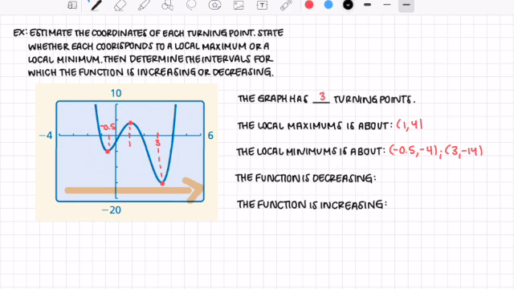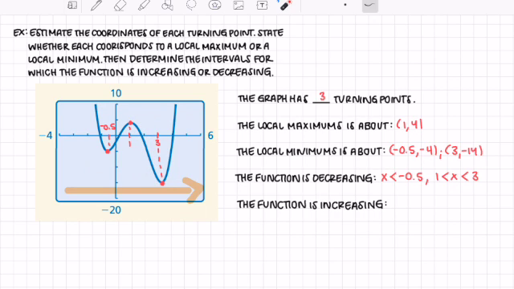So when I write my answer, I'm going to write that x is less than negative 0.5, because I'm looking at all the points that are smaller than negative 0.5, and it keeps on going on and on. I also see the function decreasing from left to right here, so we have 1 going all the way to 3. So I'm looking at all the points between 1 and 3.